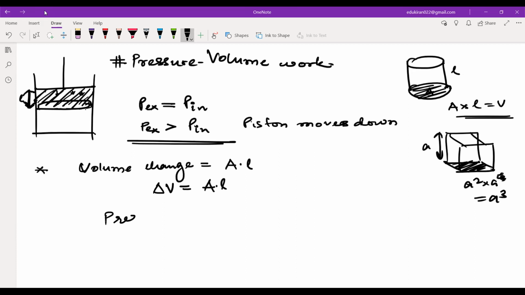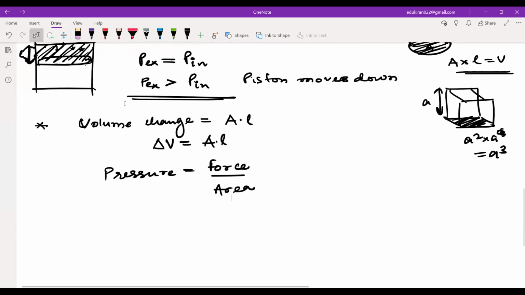And we know that the pressure is equal to force upon area. Yes or no, guys? Yes, sir. So we have got two things. What we can see from here is that work will be equal to force into displacement.